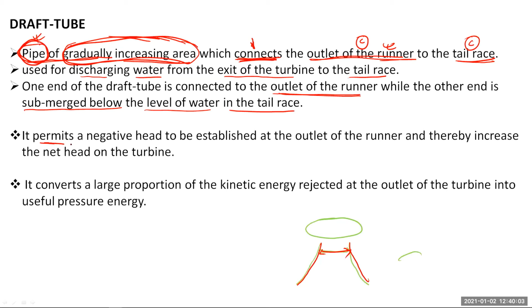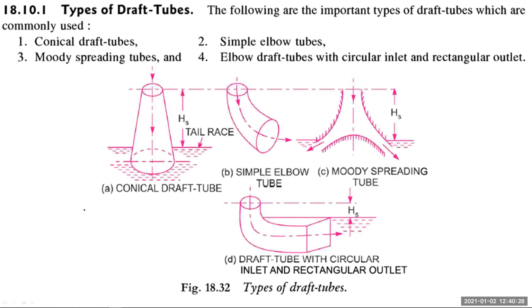It permits a negative head to be established at the outlet of the runner, thereby increasing the net head on the turbine. It converts a large portion of the kinetic energy rejected at the outlet of the turbine into useful pressure energy. So this you have to remember.